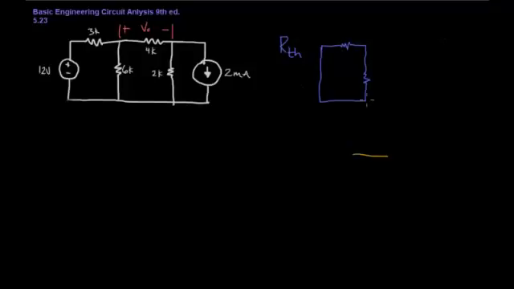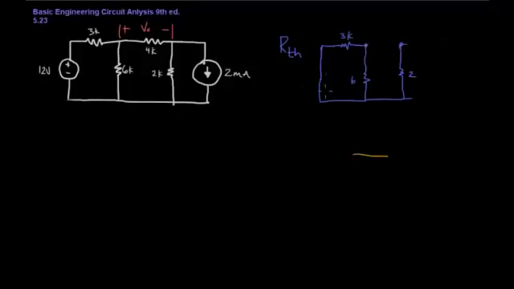The voltage source is shorted and the current source is left open. So it literally ends up looking just like this. Okay? And we need to find the effective resistance between here and here.